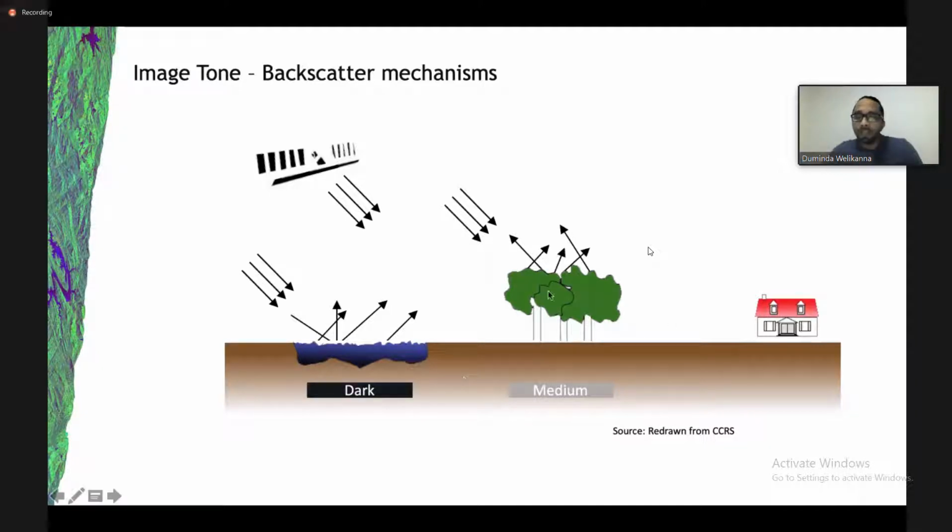But in this medium case, a little amount of energy is coming back. And when it comes to urban areas, you can see direct reflections. A lot of energy is coming back, and urban areas can be very bright. As you have seen in my first slide, the bright areas shown in yellow are more urban areas, while the other areas are really difficult to interpret.